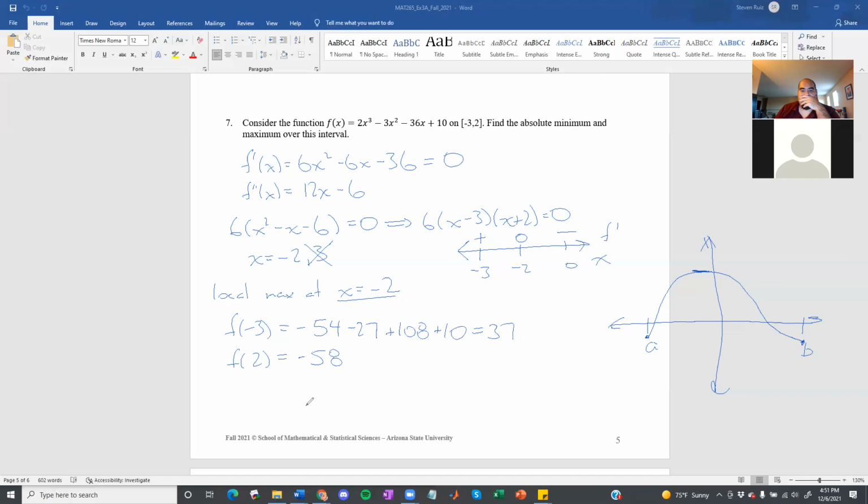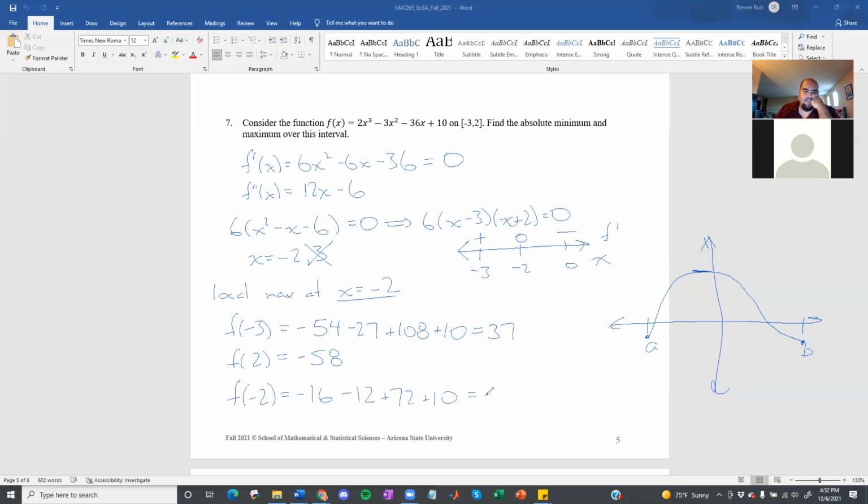Okay, my bad. So then I think the best thing we could do is check our local maximum then. Yeah, you have to look at that one too. So that'd be -2, -16 minus 12 plus 72 plus 10.